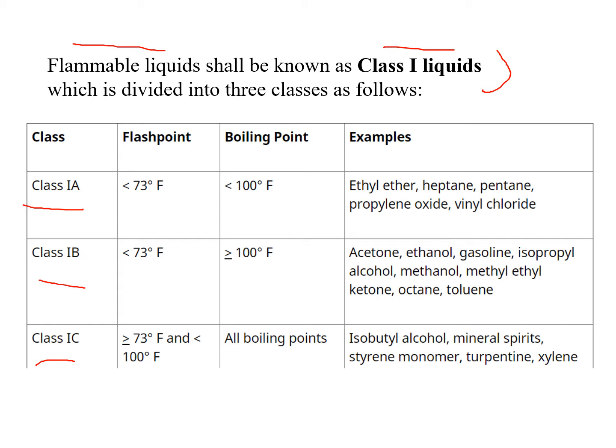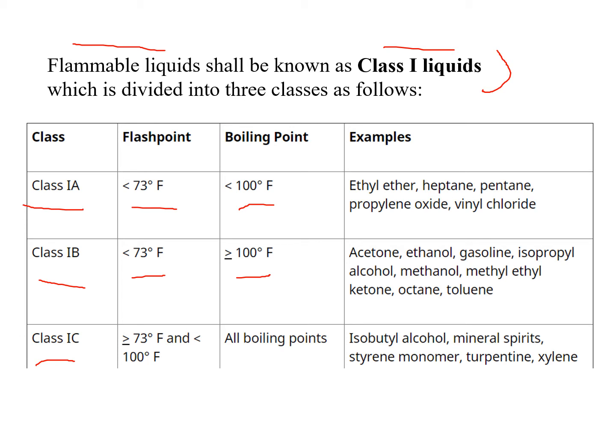Class 1A liquids have a flash point below 73 Fahrenheit and a boiling point below 100 Fahrenheit. Class 1B liquids have a flash point below 73 Fahrenheit, but their boiling point is equal to or more than 100 Fahrenheit.